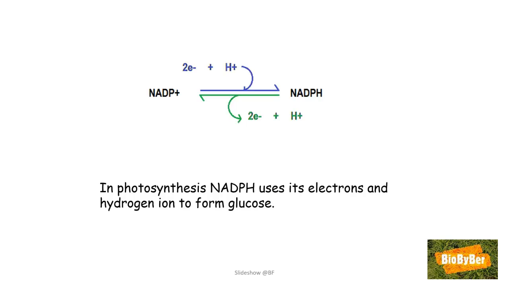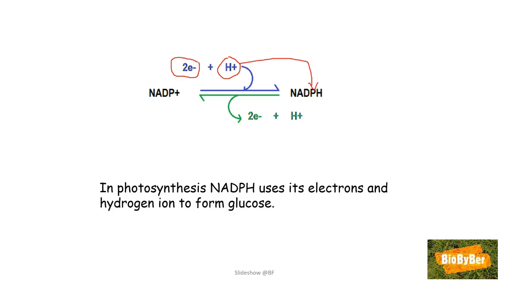We have the same idea when it comes to NADP+. Do you remember NADP in photosynthesis? NADP's taxi service? Well, what can NADP+ pick up? Well, it can pick up 2 electrons and a H+, and when it does, it is converted into NADPH.